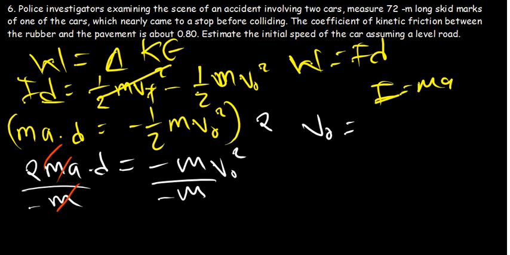Then I'll also have this negative, divide there, I'm going to get negative 2ma. Oh, this one is squared, let's not forget. Then times d. Let's now see v initial is going to be negative d.